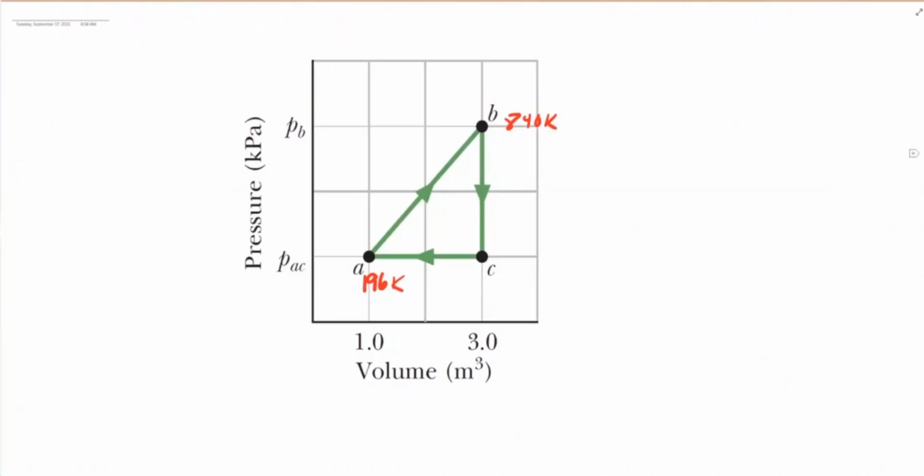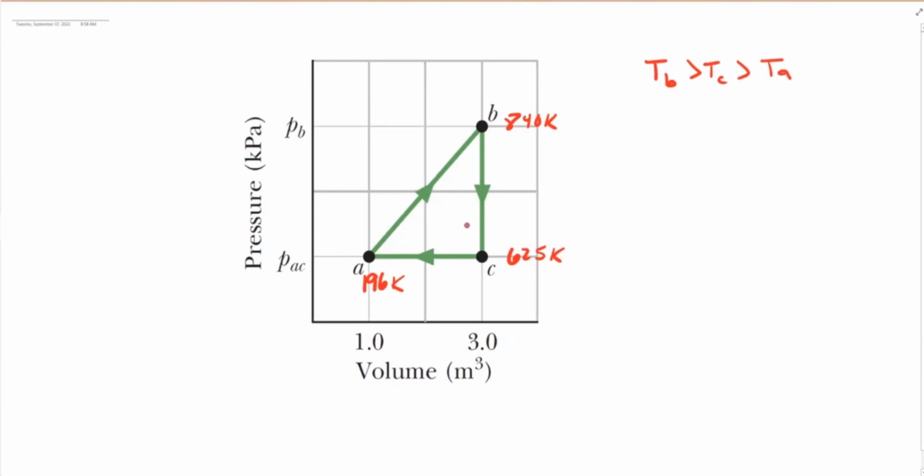So again, I'm spending all of this time for a reason, because you need to get to the point where you understand how and why the temperature at B must be greater than the temperature at C, must be greater than the temperature at A.